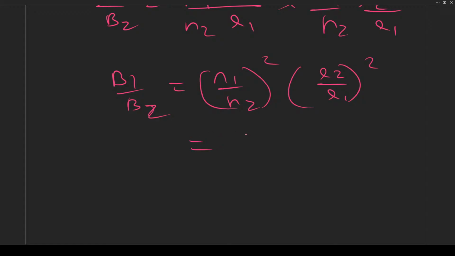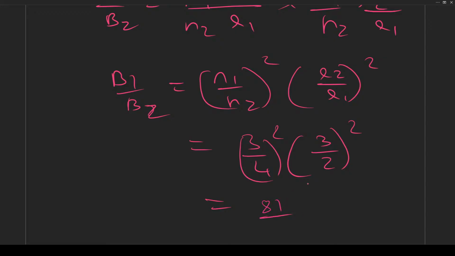If we substitute, N1 by N2 is 3 by 4 whole square times r2 by r1, 3 by 2 whole square... but I guess this might not be correct.